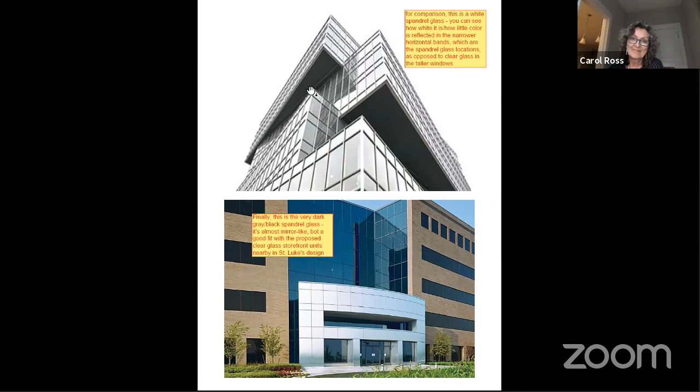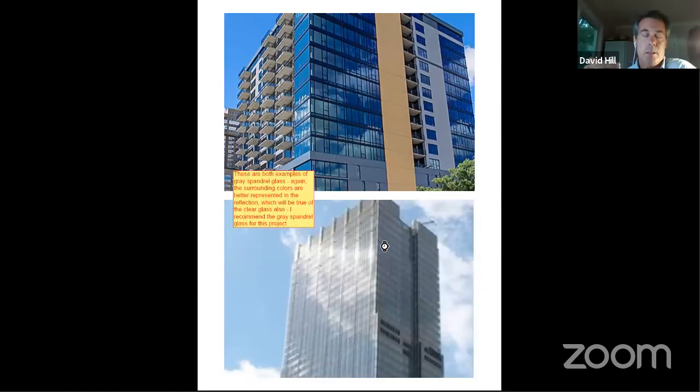But anyway, in every case, you can see that in the upper picture there is a grid of windows, and the taller windows have a clear glass panel below them, and then an opaque white spandrel glass above them. So for example, I was trying to show different examples of different spandrel colors of glass in place.